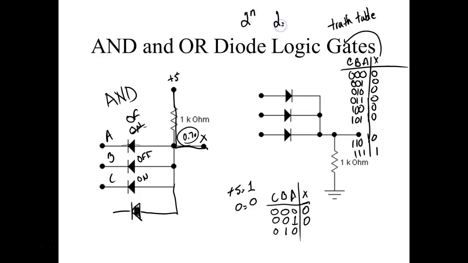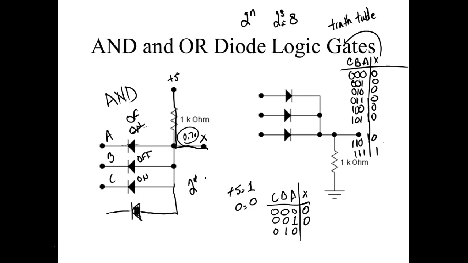So here this will be 2 raised to the 3rd. So that means I have 8 possible combinations on my input. 1, 2, 3, 4, 5, 6, 7, 8. So if I went to this one, how many would be on my truth table? Well, now I've gone to the 4th, so I'd have to have a table that has 16 entries in it. If I went to 5 inputs, I'd have to have 32 entries in my truth table.